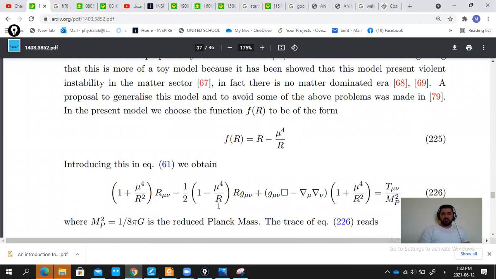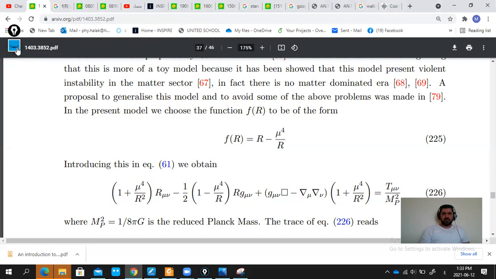I think here there is a mistake. Let me check here. So that's F prime R, so it will be 1 minus, yes, that's correct. But here there is no R here.